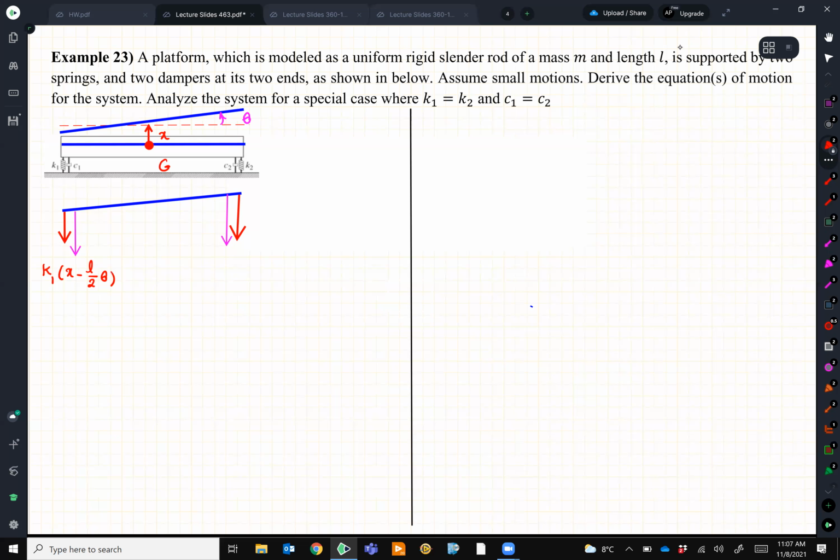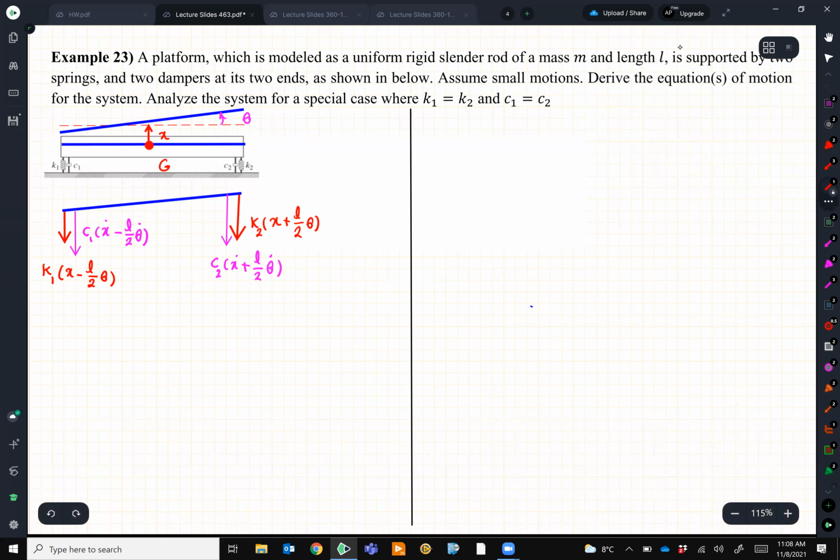If I know the force for stiffness, the damping is very similar, except it uses velocity: C1 times X dot minus half of L theta dot. And with the same logic, on the other side, we have K2, and I have X, the amount that elongates this spring, and then theta, which adds to that one, plus half of L theta. And the damping will then be C2 times X dot plus L/2 theta dot.